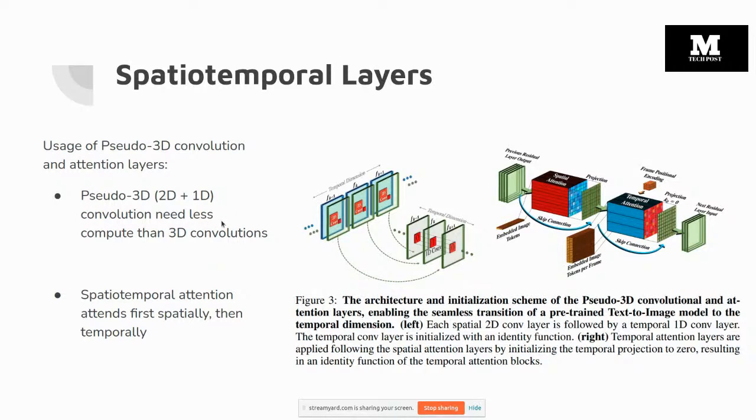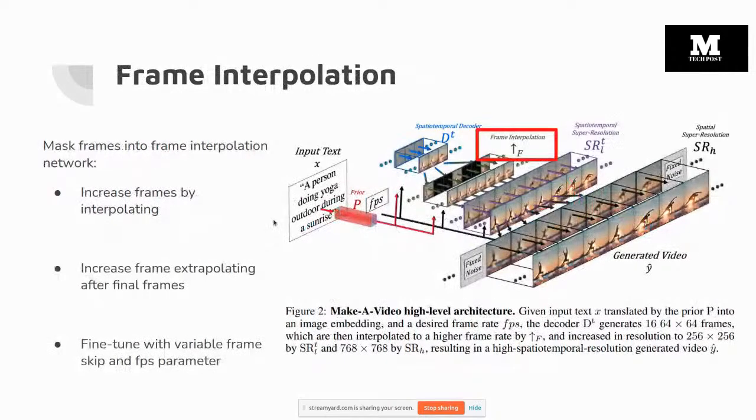Indeed, the 3D convolution operation is very, very computationally heavy, while if you use this pseudo 3D, so basically a 2D plus a 1D convolution, you can gain a lot in terms of computational performance. And similarly for the spatio-temporal attentions.